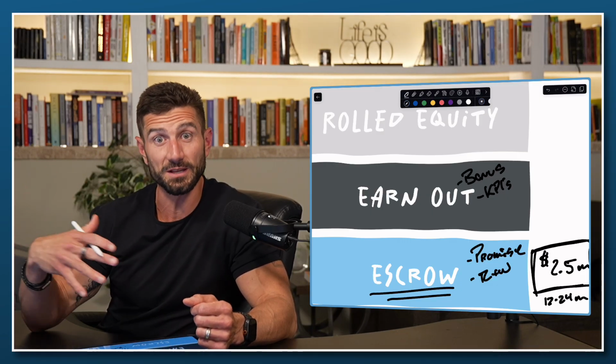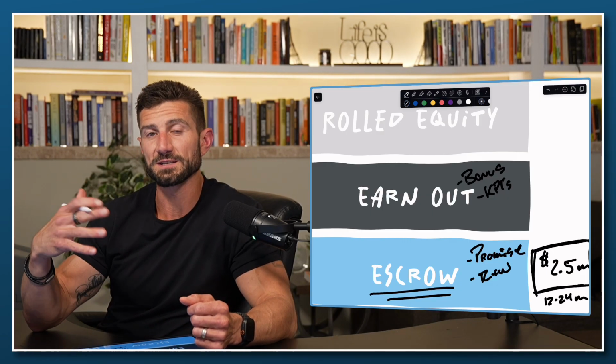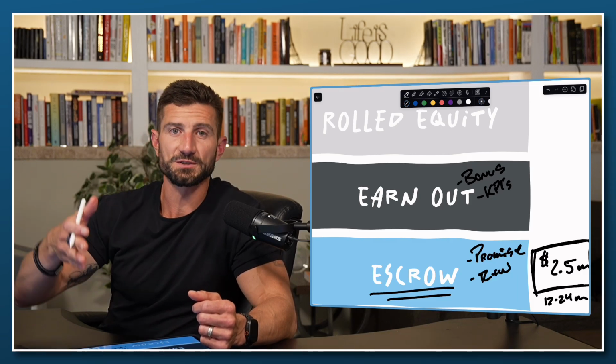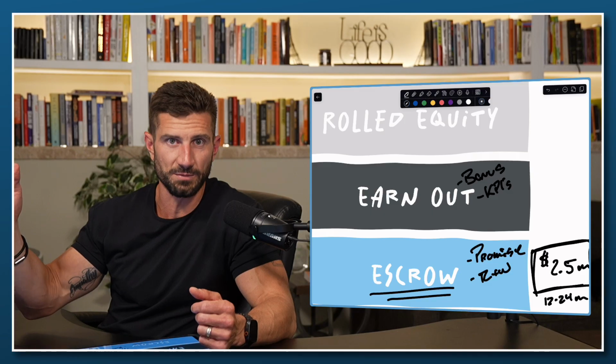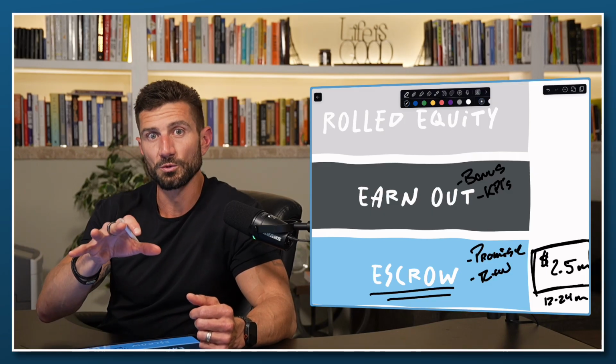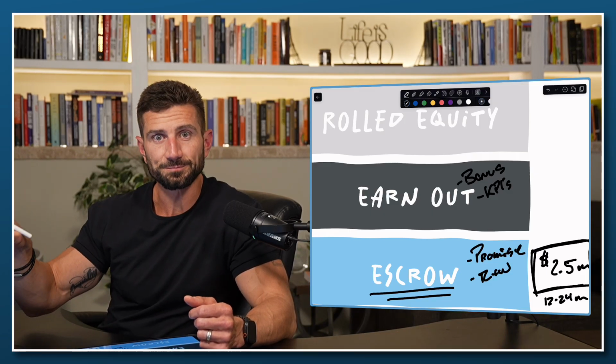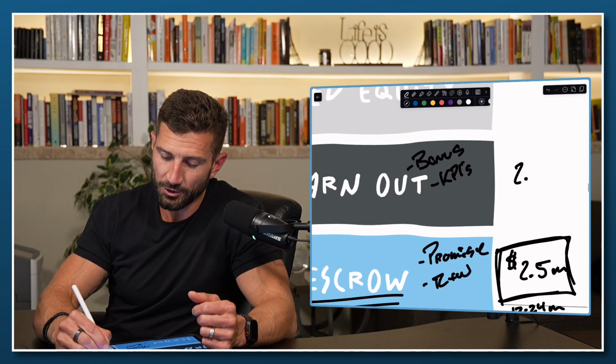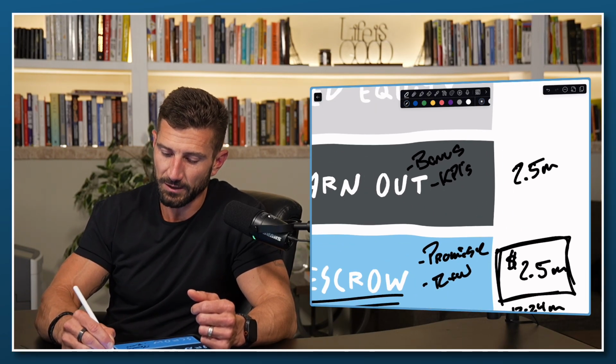We want to make sure that these customers stay or these employees stay, or that we actually go from 15% to 20% of revenue of this one business line. We want you, seller, to stay on board to make sure that happens. And if that happens, we're going to give you another 2.5 million bucks.